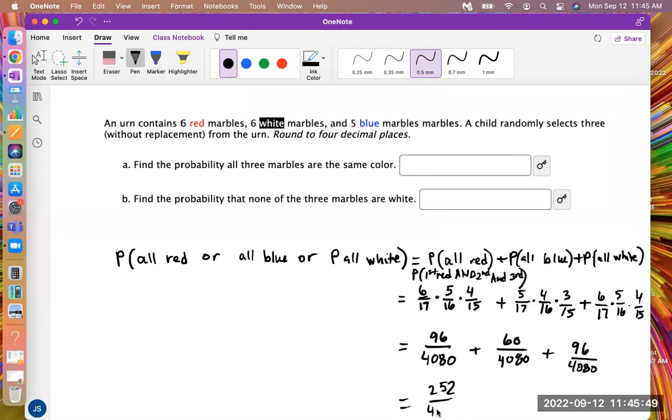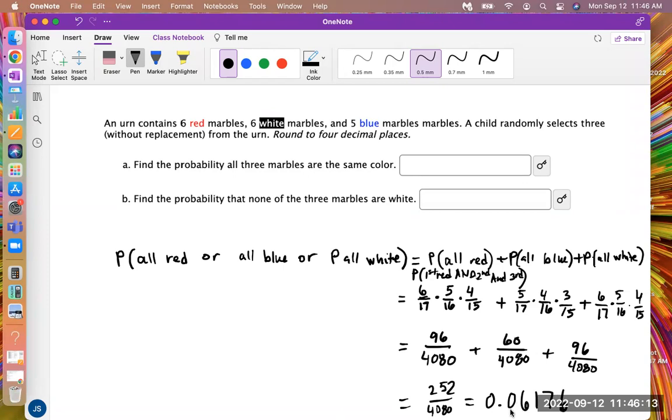Over 4,080. And then we divide 252 by 4,080. And I get 0.06176. And they said round to 4 decimal places.